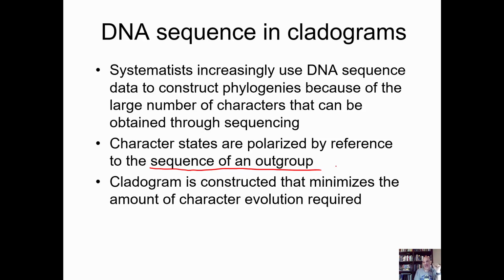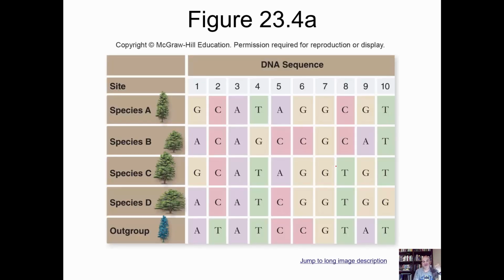for example, and then you compare it. And then the idea here again is to apply the principle of parsimony, so where what would require the least amount of character evolution, or least amount of character changes to get you your hypothesized phylogeny. So here's a case here where you have an outgroup, a hypothetical outgroup. These are hypothetical trees.